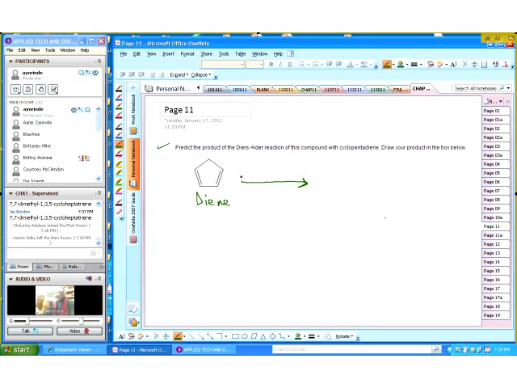Very often the carbon-carbon double bond of the diene could also act as a carbon-carbon double bond of a dienophile. So what they want us to do here is to predict the product of this reaction.